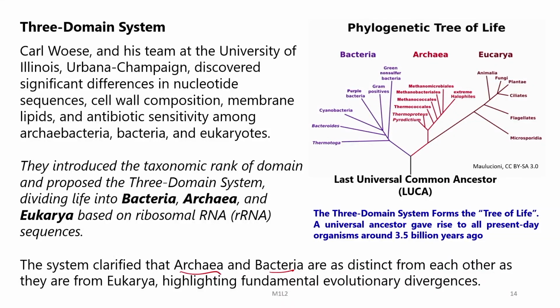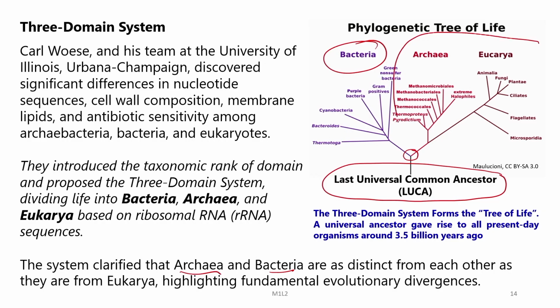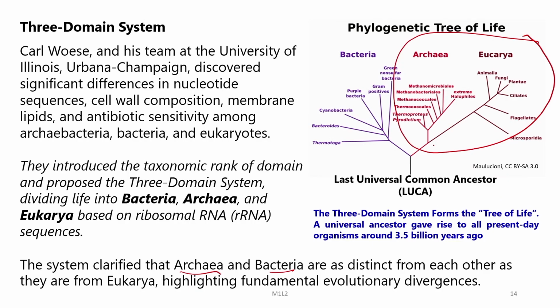So, all these domains are considered to have a common ancestor from which they evolved, and this is known as the last universal common ancestor, or LUCA. And from here you can see that the divergence first was into bacteria and the branch of archaea and eukarya. Then later on, eukarya and archaea diverged during the course of evolution.